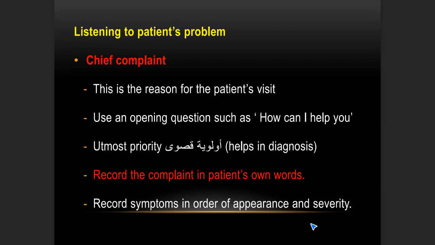Then next, then next, then next. The patient might have 10 problems. It's okay. We don't have any problem with that. But when you record it, it should be recorded either in the form of severity or in the order it appeared. The problem which appeared first will come first. Is it clear for everyone now?